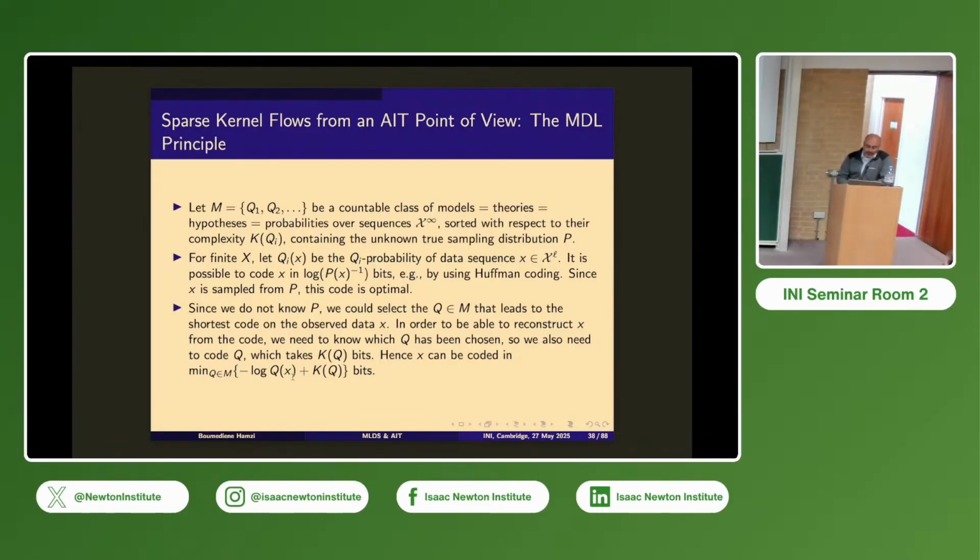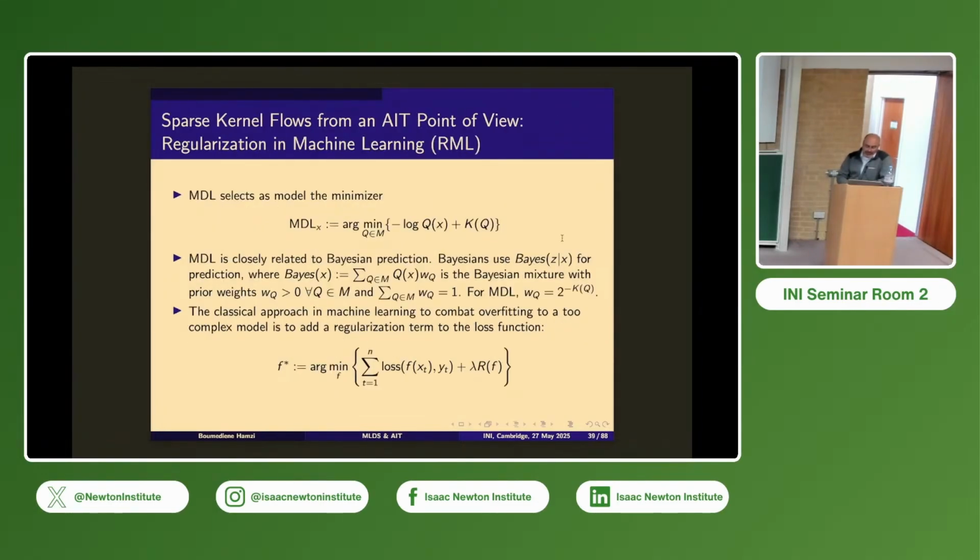Minus log Q comes from the way we encode the data, and K(Q) is about the model. For each Q we have a minimal description, which is minus log Q, and then we add the complexity to it. So MDL recommends choosing the model which is the argmin over Q in M of minus log Q plus K(Q).